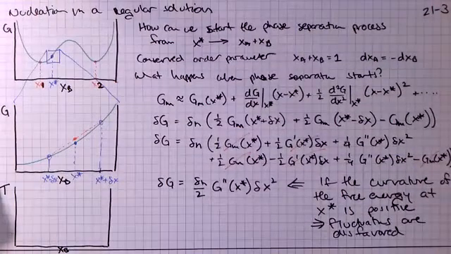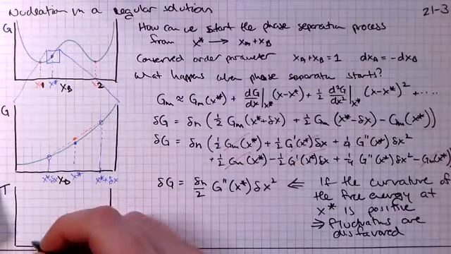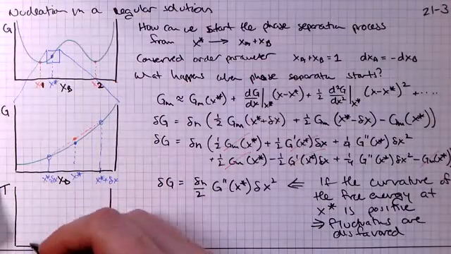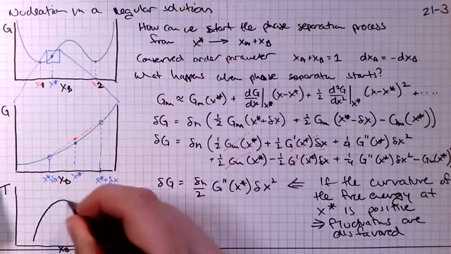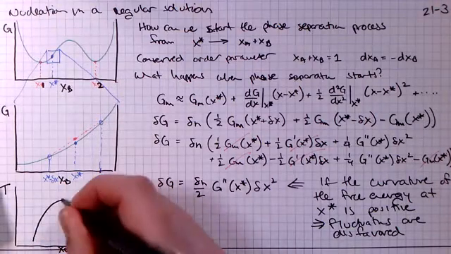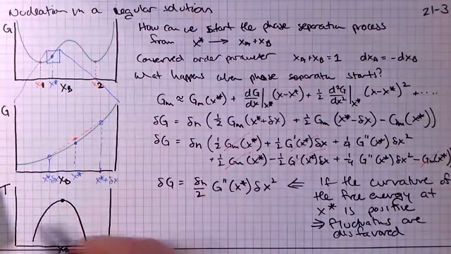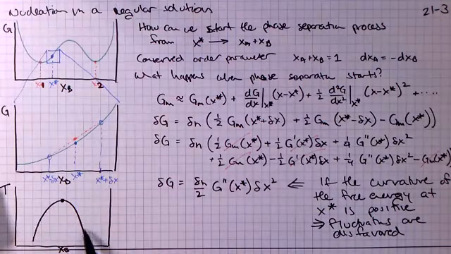So in the phase diagram, we would have composition. Above some critical temperature, we would have a homogeneous phase. Below the critical temperature, we'd have phase separation into two typical compositions.